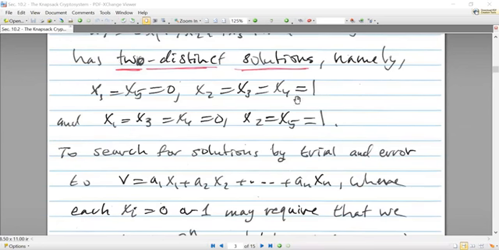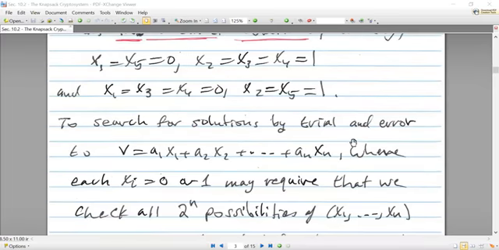So in general, if we want to use trial and error to solve a knapsack problem with n elements, A1 up to An, for a given volume V, where we're looking for a solution of xi to be either 0 or 1, the brute force method requires 2 to the power n possible values of x1 up to xn.